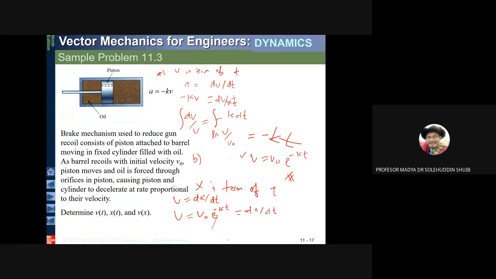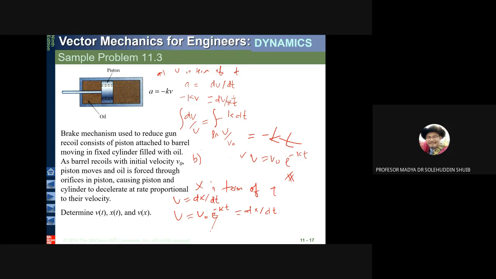We cross multiply and do the integration.